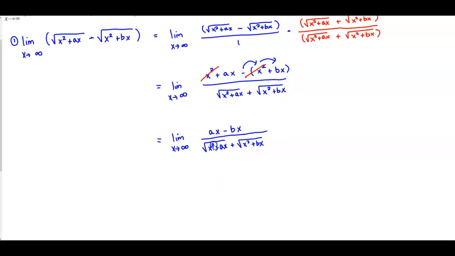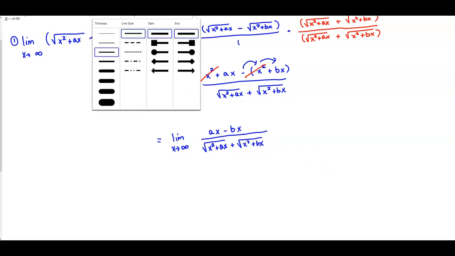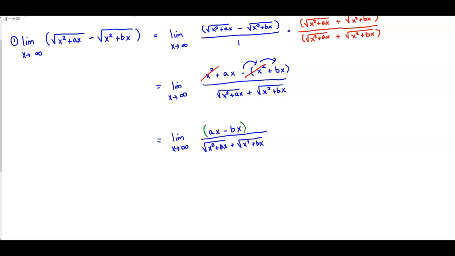Okay, now our goal next is that we want to apply the limit as x approaches infinity. So in the numerator and the denominator, we want to multiply by 1 over x. So in the numerator, we're going to multiply that by 1 over x. And then in the denominator, we're going to multiply these terms by 1 over the square root of x squared.